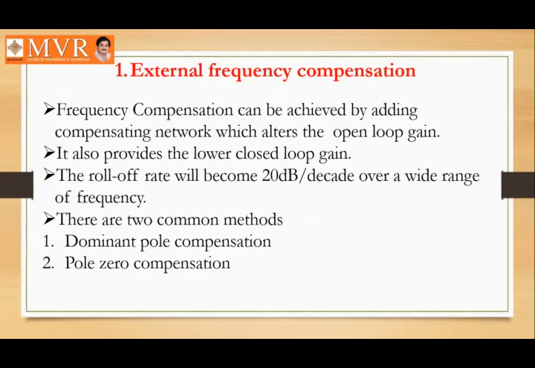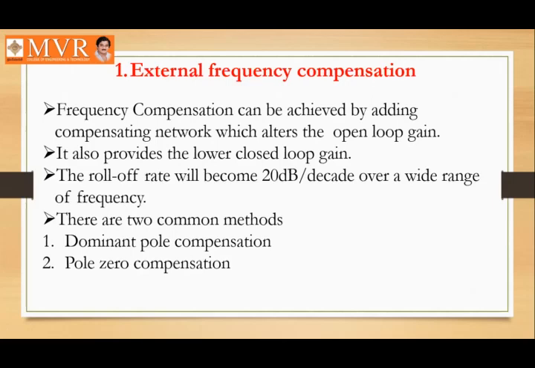As we discussed in the last class, there will be three roll-offs at three corner frequencies. After the first corner frequency, the signal is attenuated by minus 20 dB per decade, at the second corner frequency by minus 40 dB per decade, and after the third corner frequency by minus 60 dB per decade.